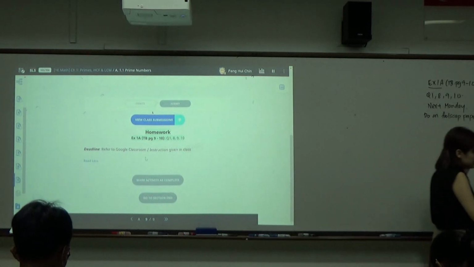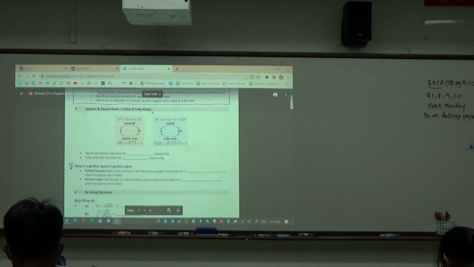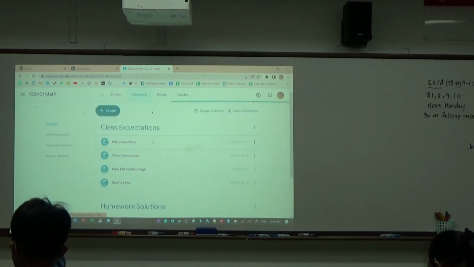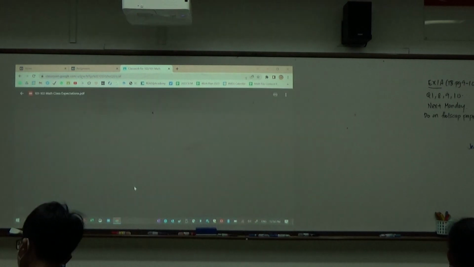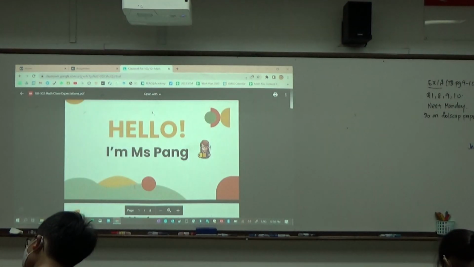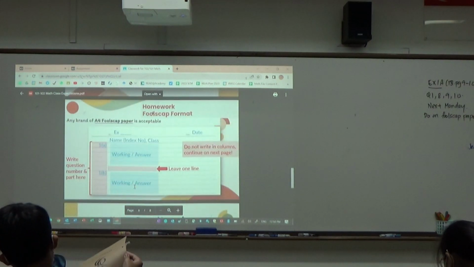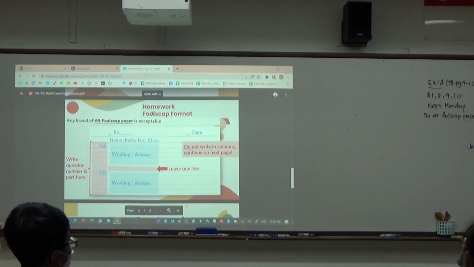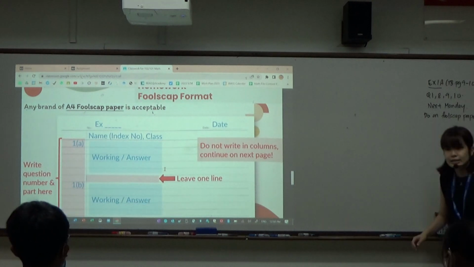Just a reminder about homework, how it should look. On your Google Classroom class expectations, on your foolscap paper. How many of you are using foolscap paper? If you are, then good, because they will have clearly where you write your name, class, index number, and all that.